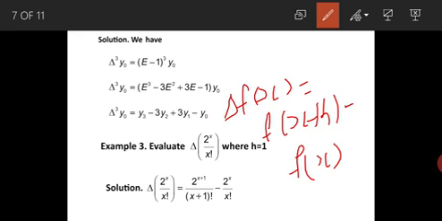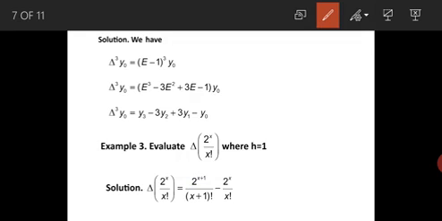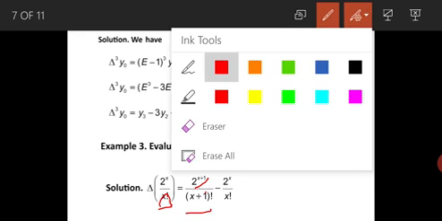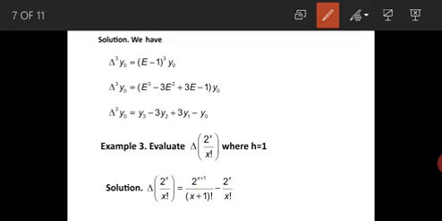You can see these terms, right? x plus 1 we have written here. Now here x is there, I have to replace it by x plus 1. We have replaced it. Similarly, f of x is written as it is, right?